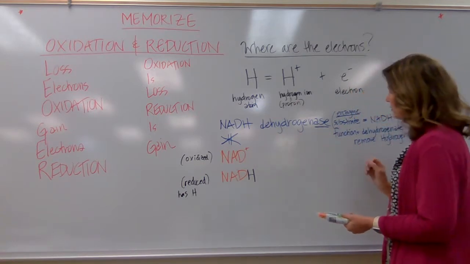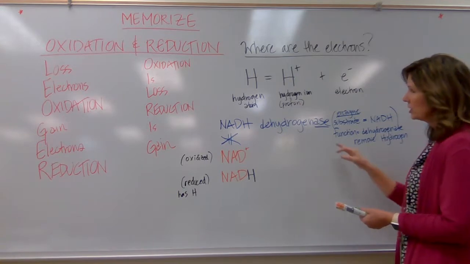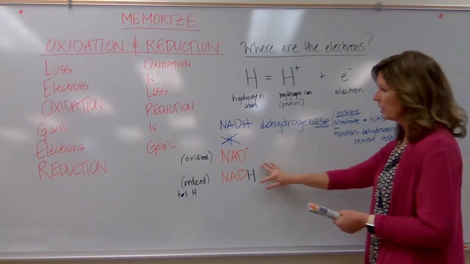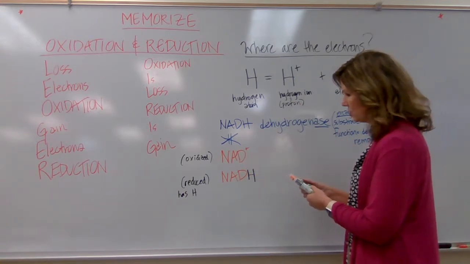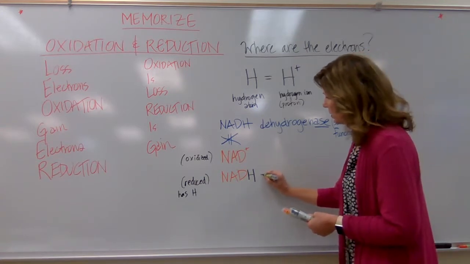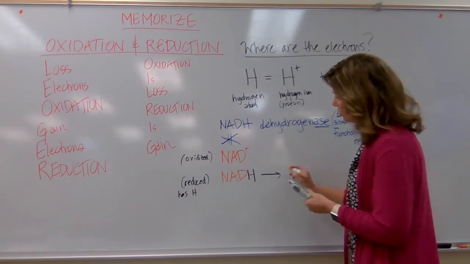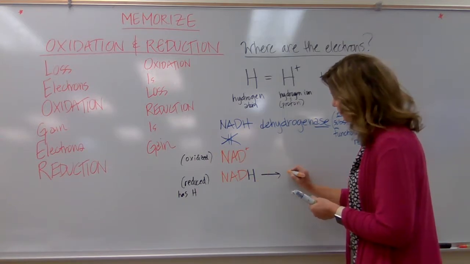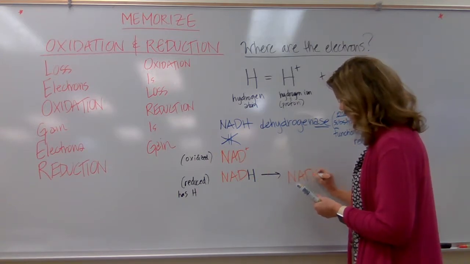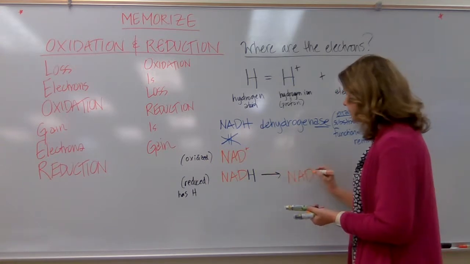All right, so what is the function of NADH dehydrogenase when it binds to NADH? Now it's going to cause that NADH to lose its hydrogen, and it will be unloaded.